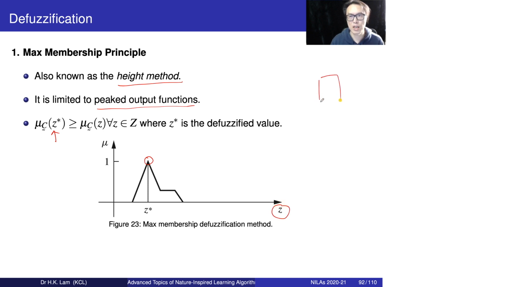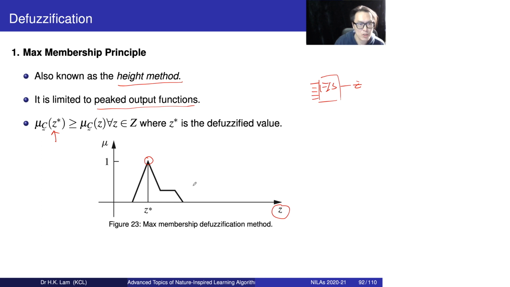So that means we are going to have a fuzzy inference system, and then the output, that is z, with whatever number of inputs right here. We would like to find out, when we have this output membership function, what would be the value of z, that is the output.